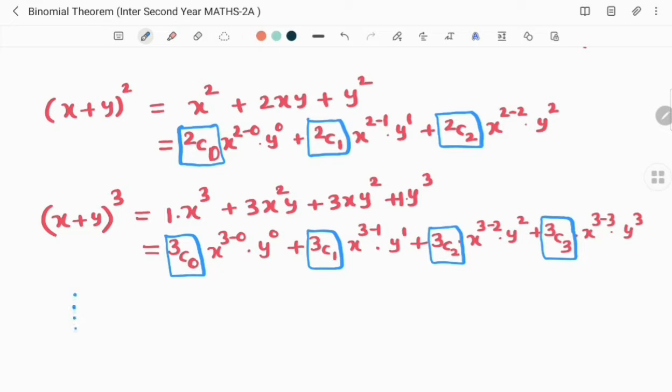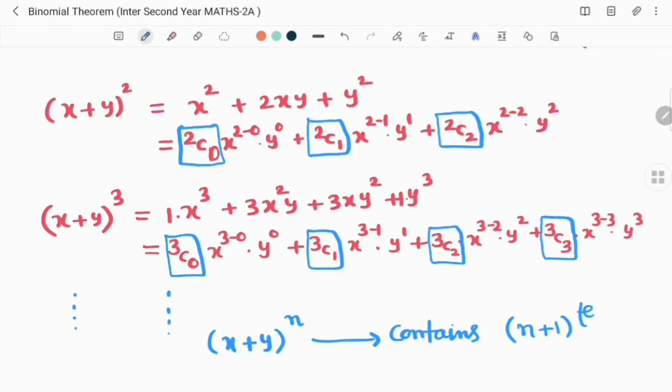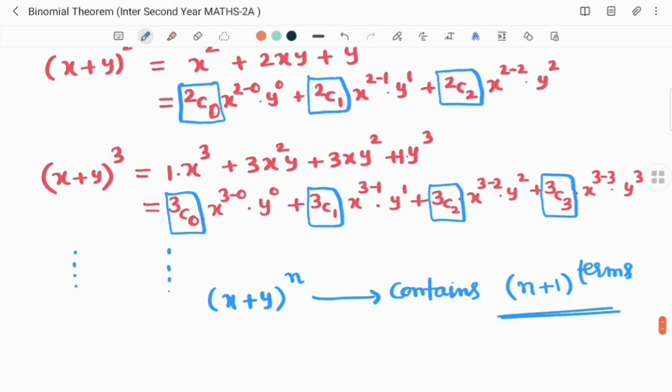If the expansion (x plus y) whole power n contains n plus 1 terms, I hope everyone remembers. Here 3 terms are there, total 4. N is equal to 3, then the terms will be 4. N is equal to 2, then the terms will be 3. N is equal to n, so the terms will be n plus 1.